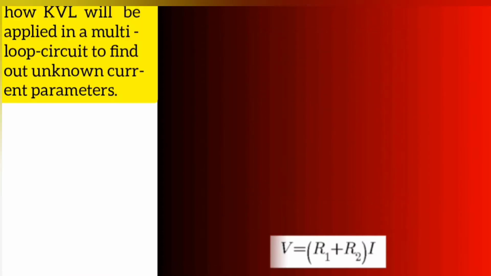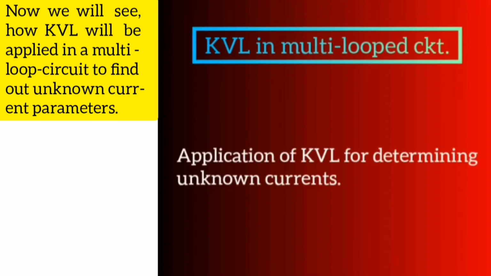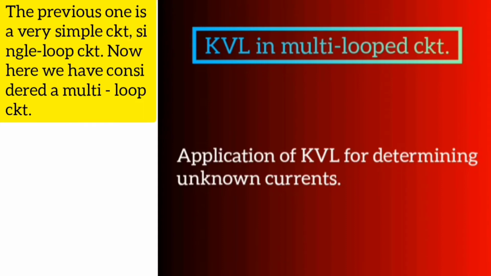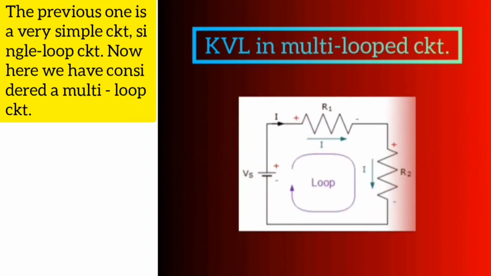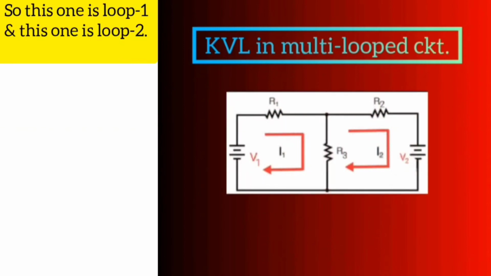Now we will see how KVL will be applied in a multi-loop circuit to find out unknown current parameters. The previous one is a very simple, single loop circuit. Now here we have considered a multi-loop circuit. So this one is loop 1 and this one is loop 2.